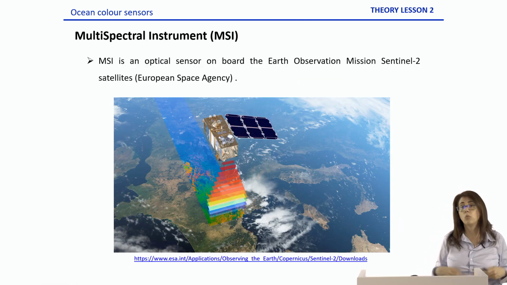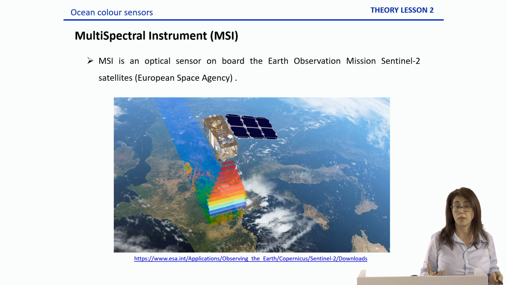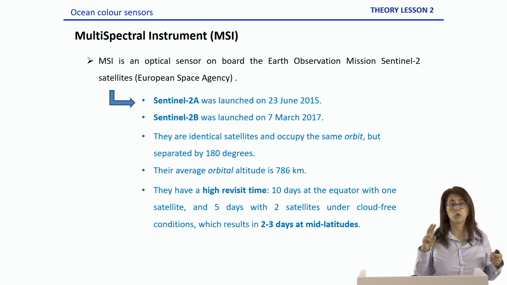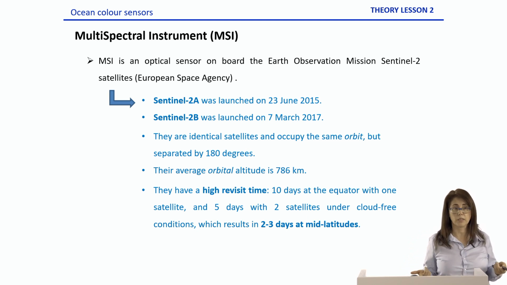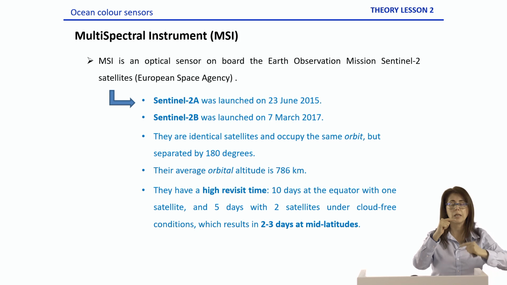Finally, we have the multispectral instrument, or MSI. MSI is an optical sensor that is on board of the satellites Sentinel-2 from the European Space Agency. Sentinel-2A and 2B are two identical satellites that were launched in 2015 and 2017, respectively. They occupy exactly the same orbit, but separated 180 degrees.